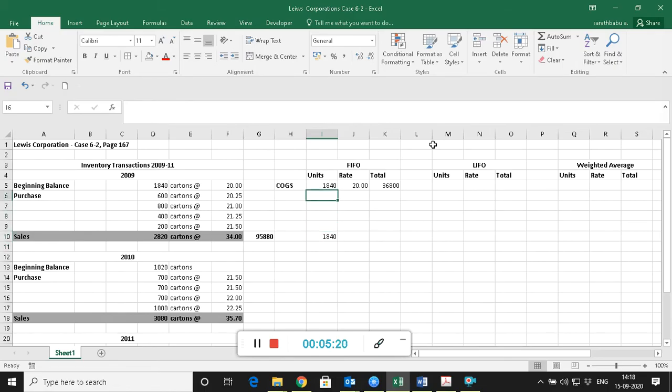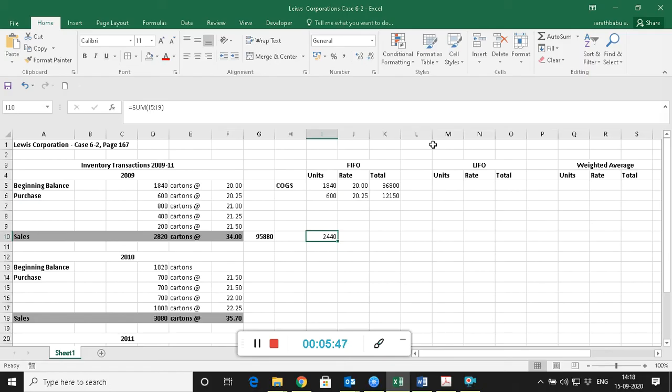Then the second lot, that is 600 at the rate of 20.25, and the total is 600 into 20.25, so 12,150.